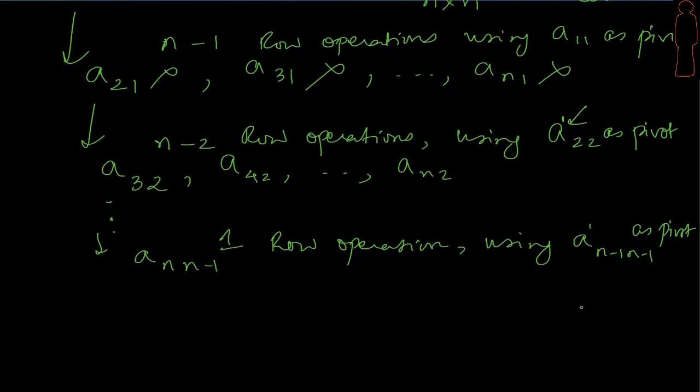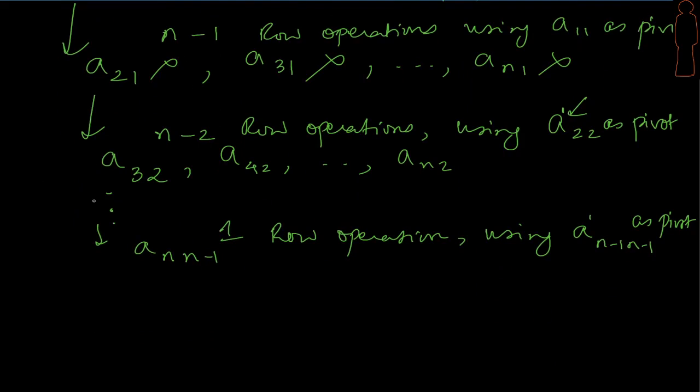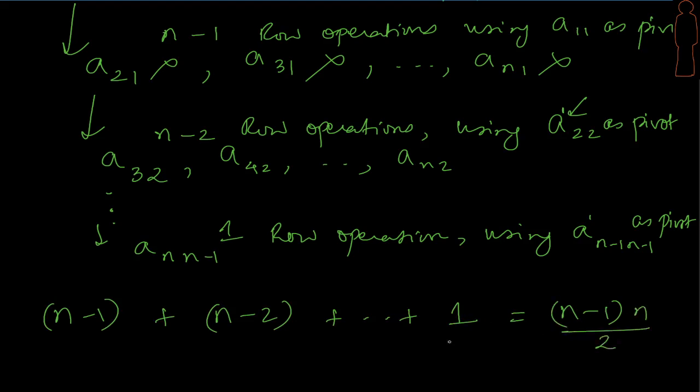Just for the sake of addition, we can easily add this and see. So this is the idea. So we have n minus 1 row operations initially, followed by n minus 2 row operations, and so on till 1. What would that be, right? This is going to be (n minus 1) times n by 2, or we can say, in fact, I am having order of n square row operations.